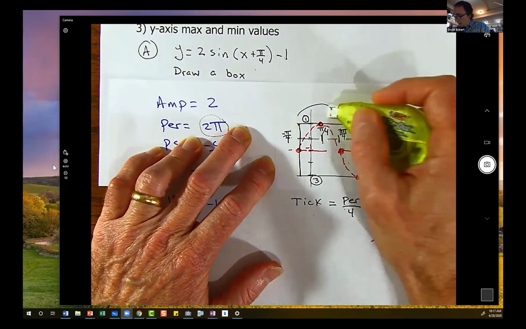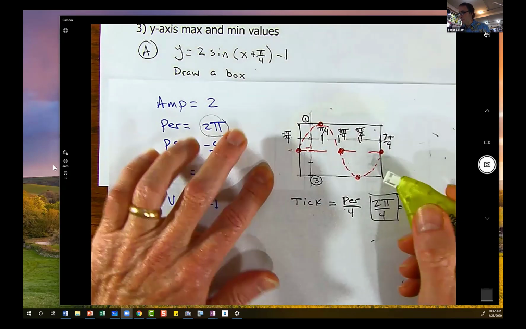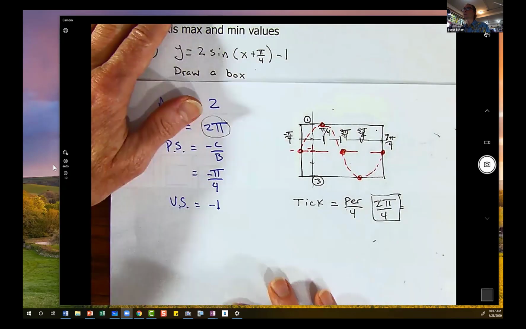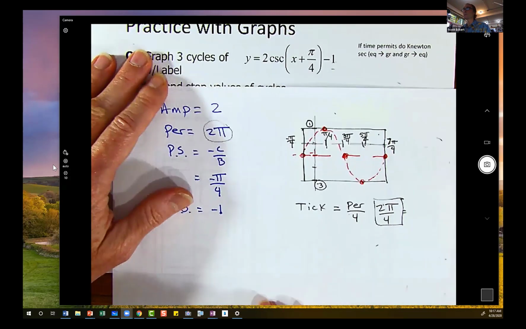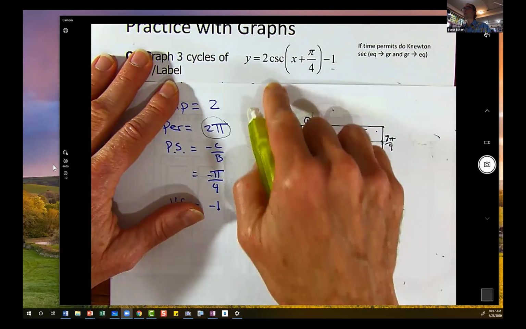Now I'm going to put you back in your groups, and what I want you to do next is I want you to draw not the sine. We've already drawn the sine. I want you to use the sine and draw the cosecant.